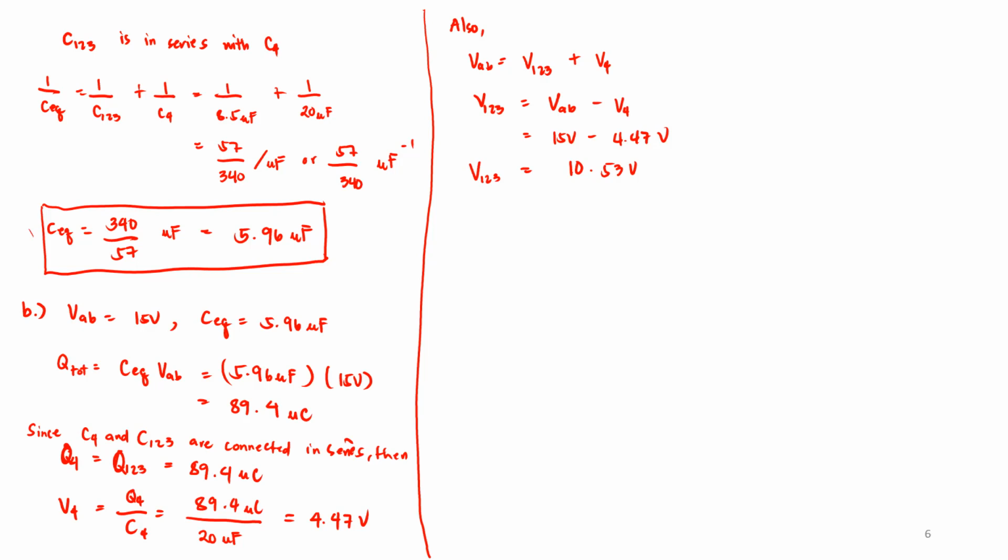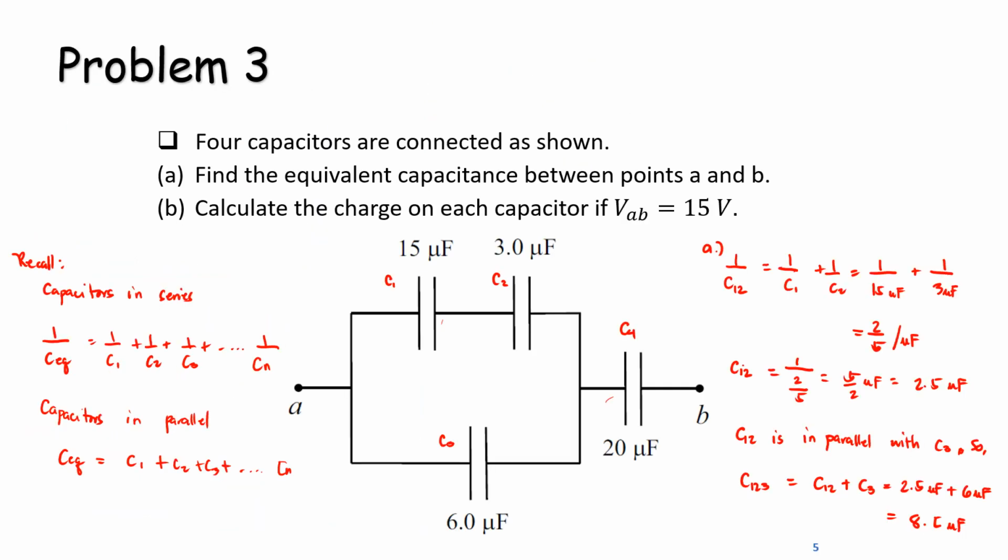So now we will use this information to find the charges in each capacitor. Recall that what we are looking for is the charge on each capacitor. What we have gotten so far is the charge on capacitor 4, and it is equal to 89.4 microcoulomb.